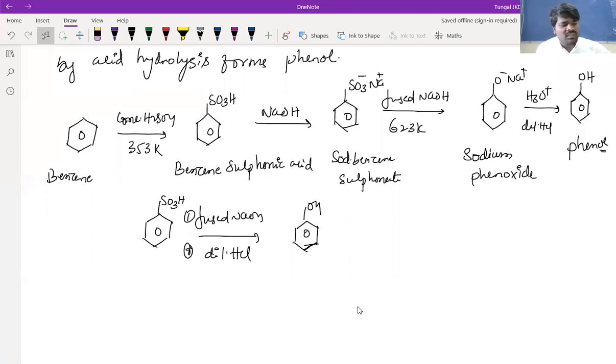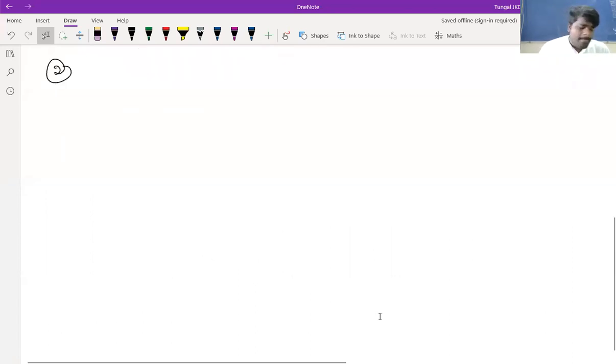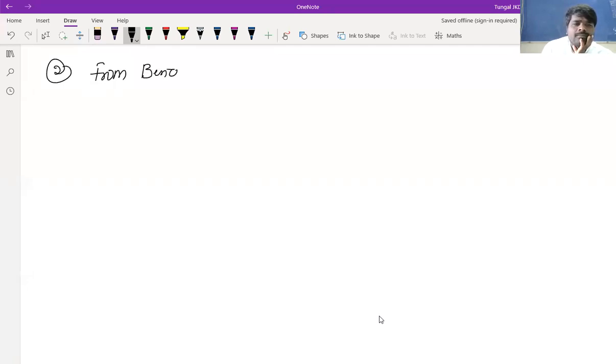And if you're talking about the second method, there are several methods. The second method is from benzene diazonium salts.